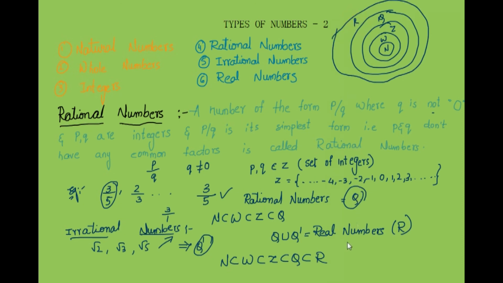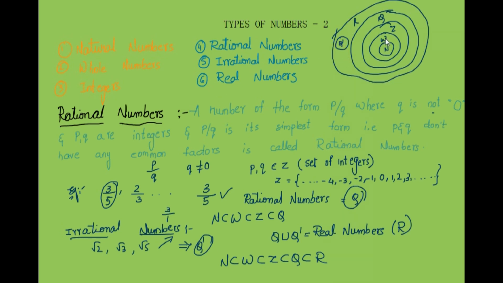Real numbers. Then what about irrational numbers? There is no common point for irrational numbers, so we can take irrational numbers here. Irrational numbers are a subset of real numbers, so we have taken irrational numbers in real numbers.